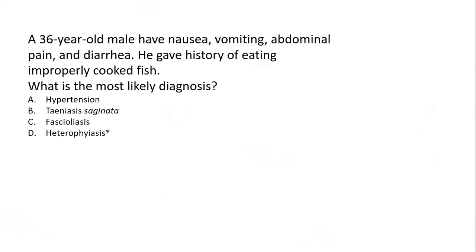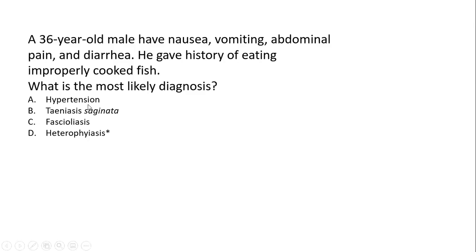Then a 36-year-old male has nausea, vomiting, abdominal pain, diarrhea. He gave history of eating improperly cooked fish. What is the most likely diagnosis? Now, see with me the distractors: hypertension, Taenia saginata, fascioliasis, heterophyiasis. What's wrong with this question? What is the defect in this question?